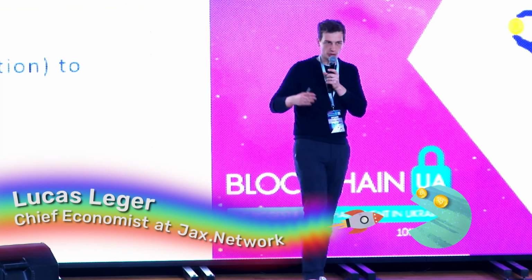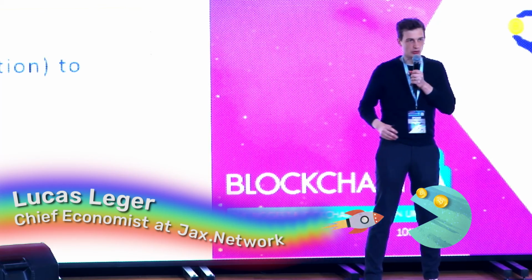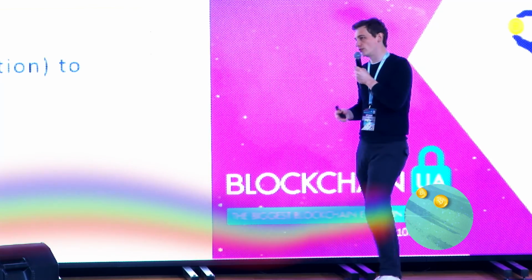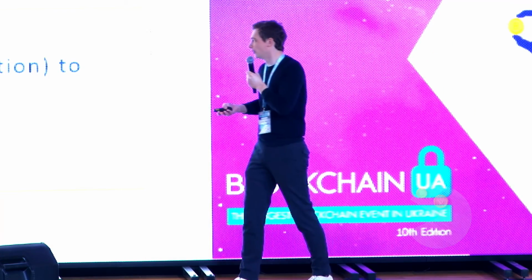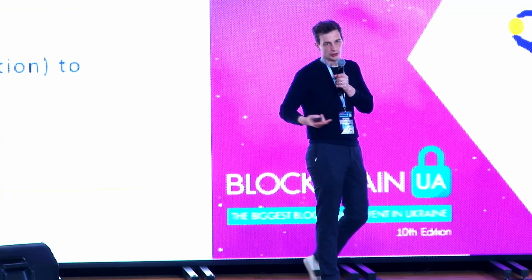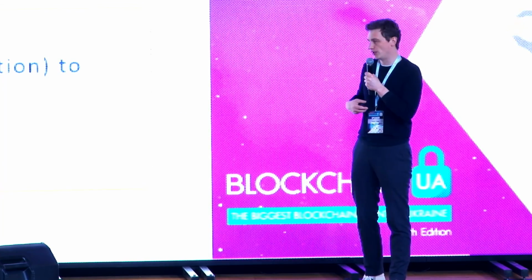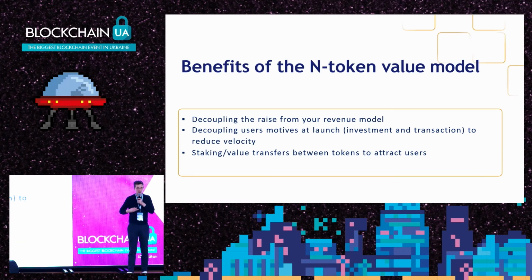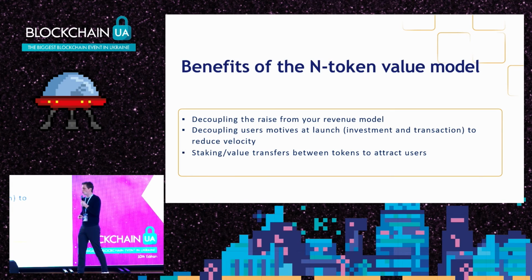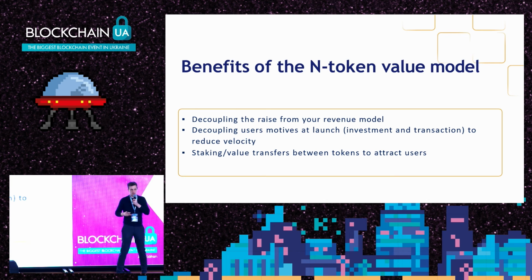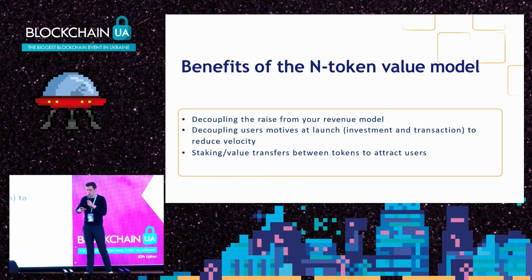Also, you can differentiate different motives, because when you look at the early stage of a blockchain network, you have 2 motives for people to join a network. The first is the investment motive, and the second is the transaction incentive. Most of the early adopters are more likely to be investors, so you have to offer some tokens that are closer to a store of value than a utility token.